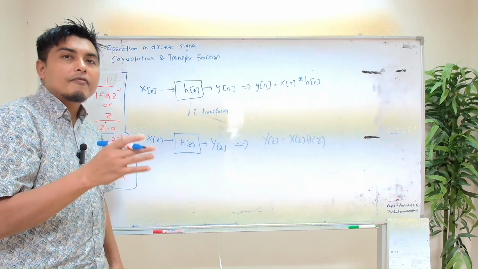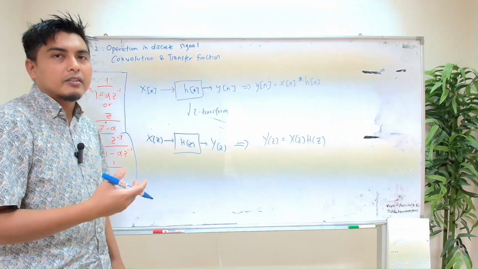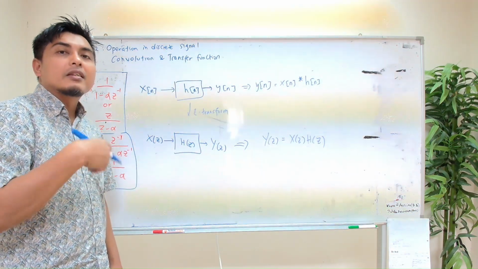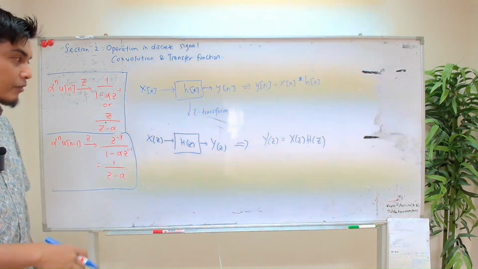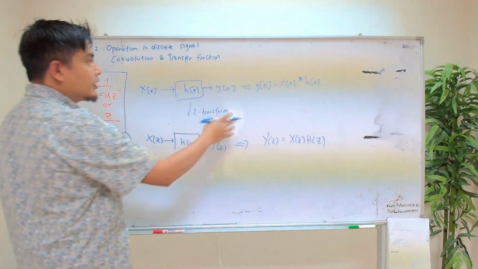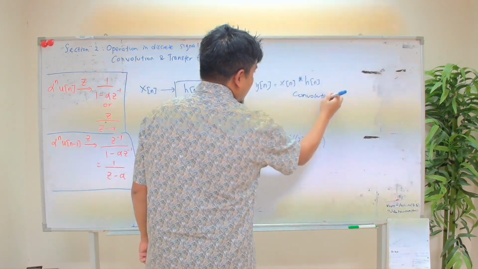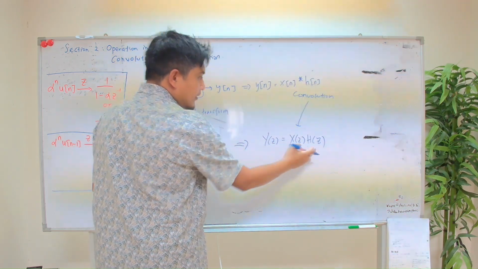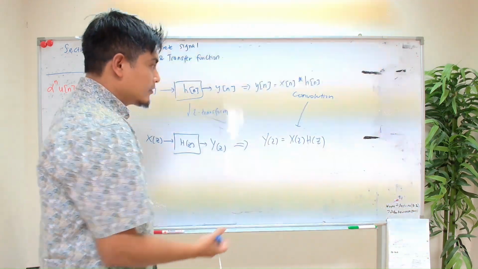However, the only difference is the Z transform processes the discrete signal, while the Laplace processes the time domain signal. So this is convolution. In order to solve the convolution, we just convert to the Z transform, multiply them together, and get the answer.